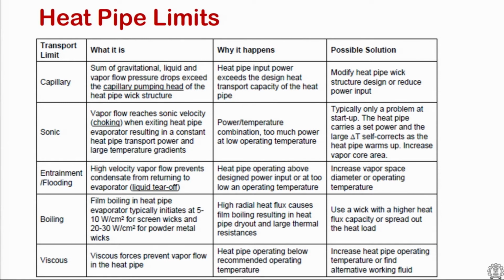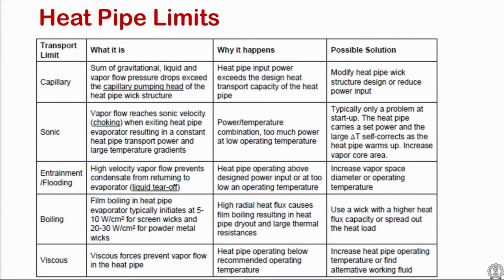That is, if the liquid that is condensed at the condenser is not able to reach the evaporator, because of either a higher level of vapor generation in the evaporator or some other reason, so that the capillary wick is not able to pump the liquid back at the rate at which vapor is being generated, then it is called the capillary limit.